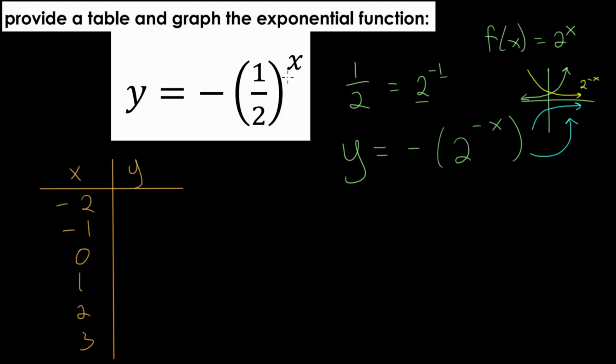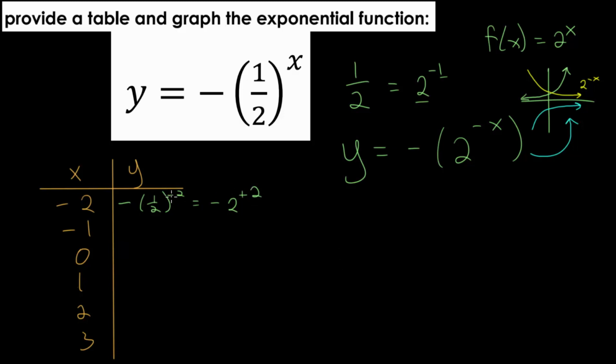If we plug in negative 2 for x, we get minus 1/2 raised to the minus 2 power. And since we're raising this to a negative exponent and we have a fraction, we will flip the fraction and make the exponent positive, so that we get minus 2 to the positive 2 power.